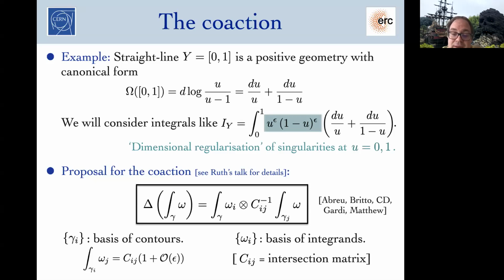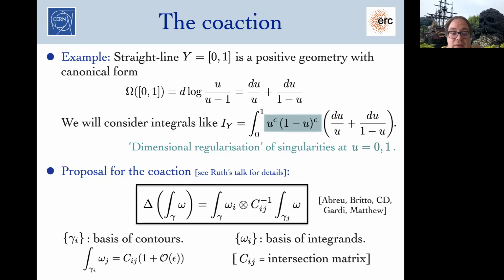And then in between, I need to put some kind of matrix, which tells me how the basis of contours is paired to the basis of integrands. If they were really one-to-one, dual to each other, this matrix would be the identity. Now, however, as we will see, and in particular in Ruth's talk, this matrix may not always be the identity, or not even diagonal, and then you need to include it.